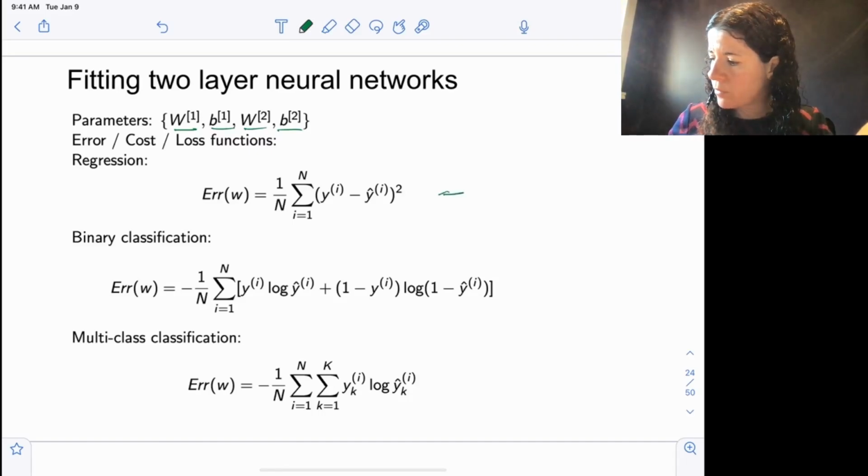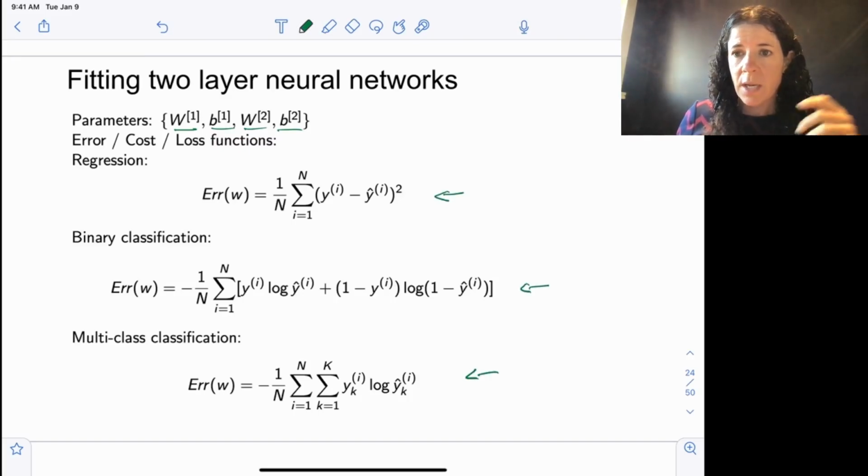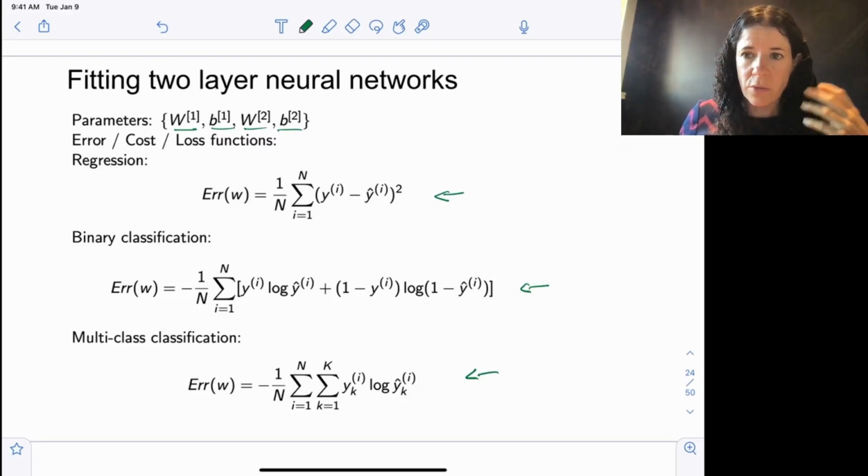This is the loss function for regression, this is for binary classification, and this is for multi-class classification. We initialize all those parameters with random numbers and use gradient descent, or a version of it, to fit our model in an iterative process.